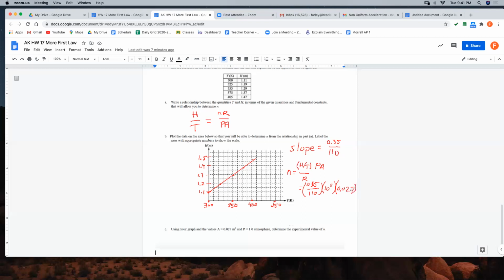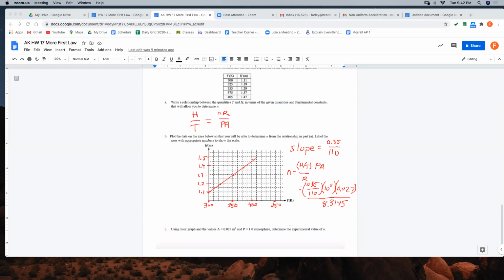Okay, H over T times P times A, and divide that by the constant, which is 8 point something. Hold on, I gotta look it up, the old gas constant. 8.3145, something like that.